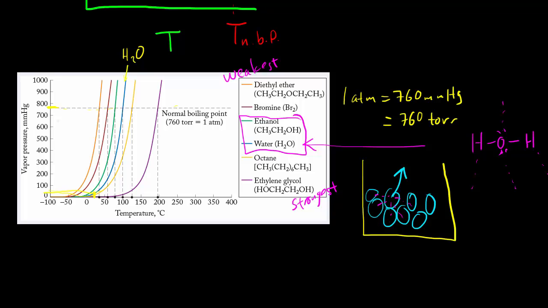So there are 4 places where hydrogen bond interactions could occur on a water molecule. If we look at ethanol, ethanol has this hydrocarbon chain, CH3, CH2, and then we have our OH right here. Again, we can make a hydrogen bond to that hydrogen. We could probably make a hydrogen bond to these two oxygens.